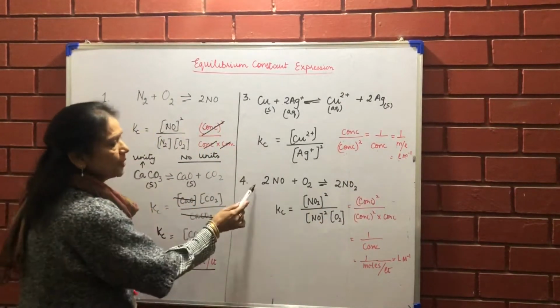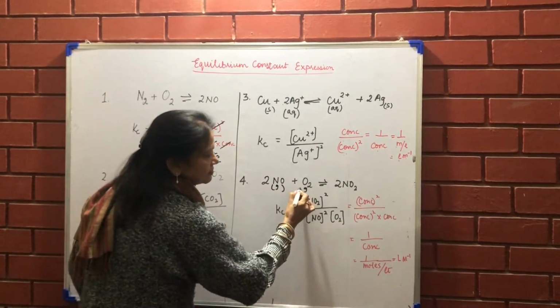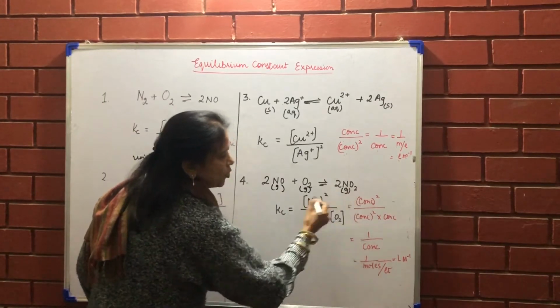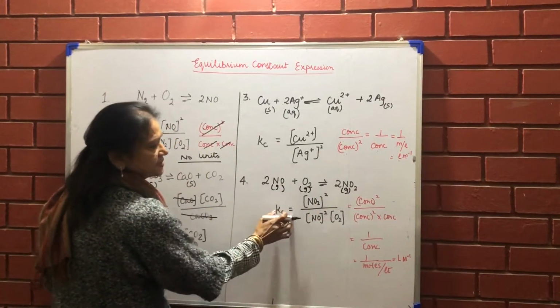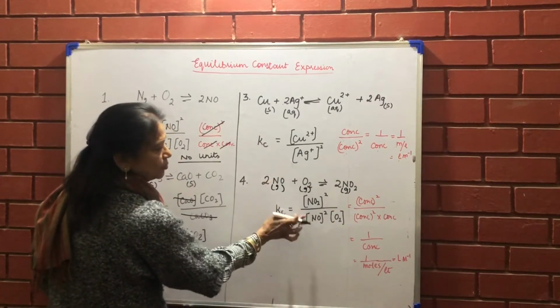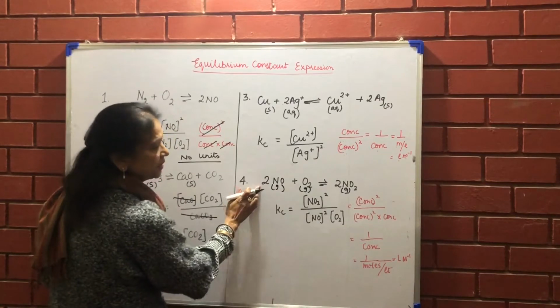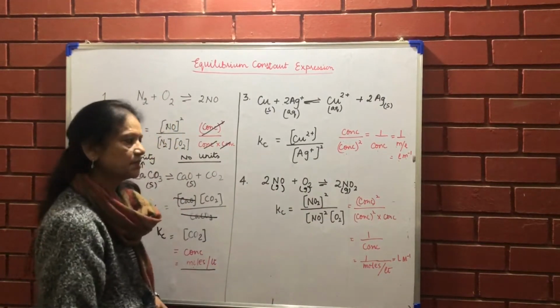Here, 2NO plus O2 gives 2NO2. All these reactants are gaseous, and the product is also a gas. So we will consider all of them. Kc is equal to NO2 square, the product, upon the reactant NO, square of that because 2 is written here, into oxygen, which is the other reactant.